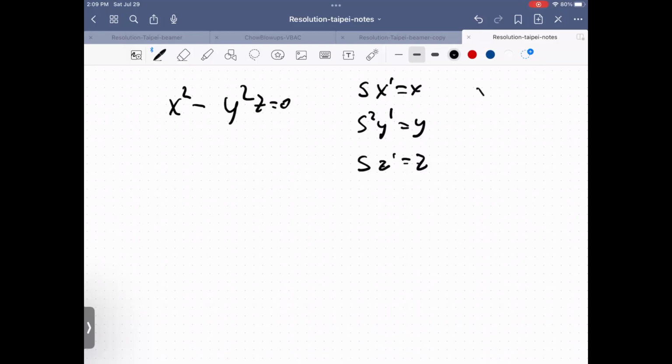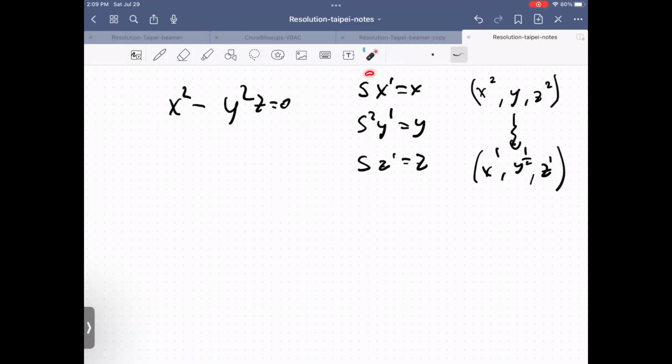So right, if you have x squared minus y squared z, and you want to rescale it, you have to rescale it by 1/2, and you get x to the 1, y to the 1/2, z to the 1. So that's why I have the power 1 here, 2 here, and 1 here.